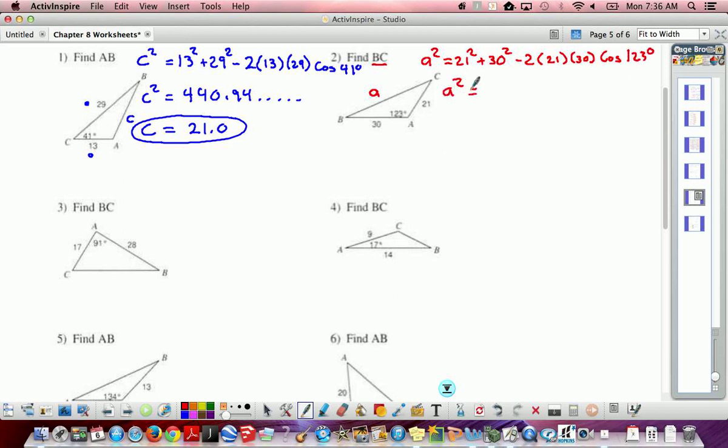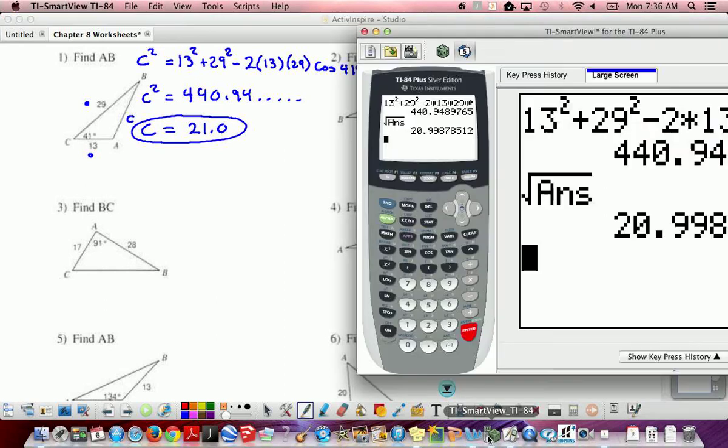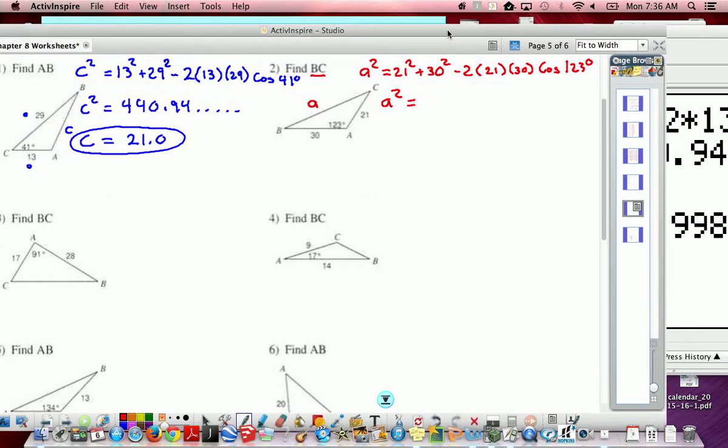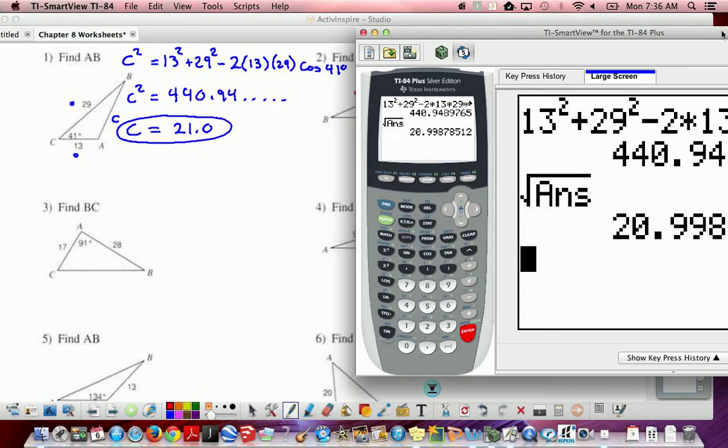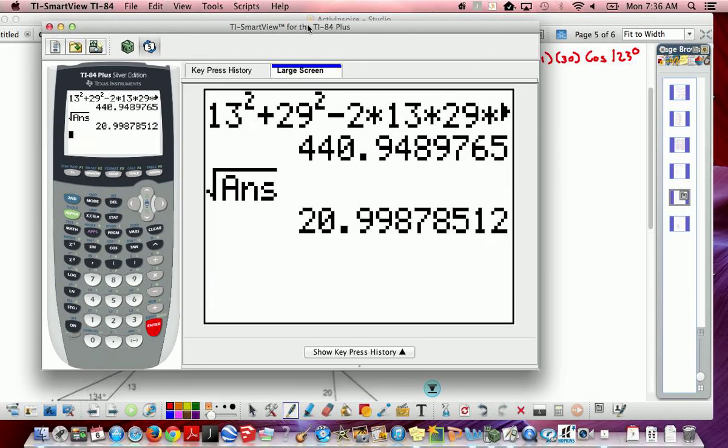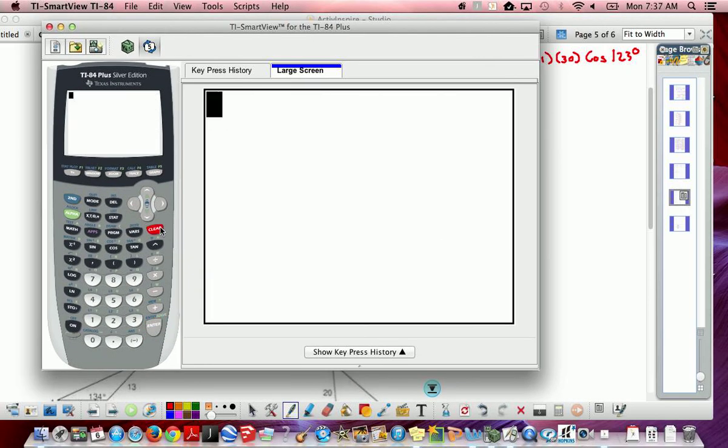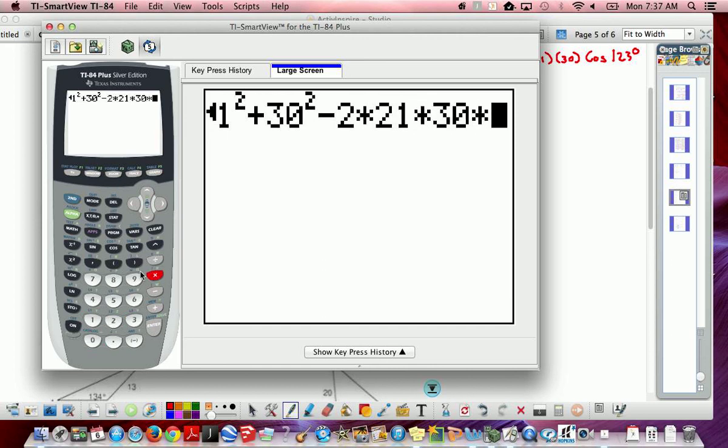So I'm going to go ahead and type that into my calculator. Oops, sorry about that. Thought I grabbed the calculator there for a second. So type that in: 21 squared plus 30 squared minus 2 times 21 times 30 times cosine of 123 degrees.